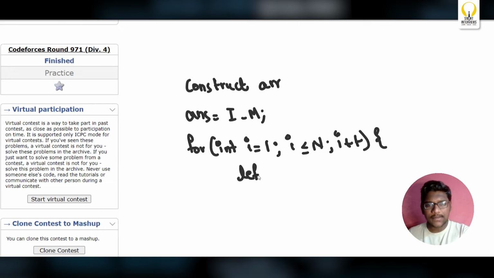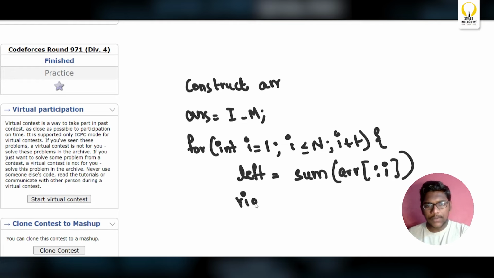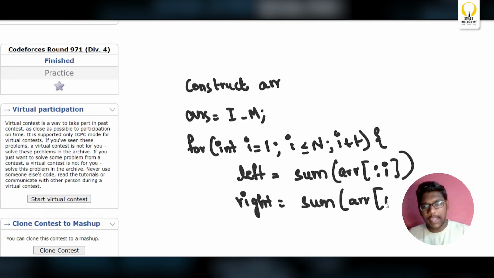Left part sum is the sum of the array from the initial part of the array to I, and right part sum is the sum of the array elements from the ith index to the end of the array, let's just say n.